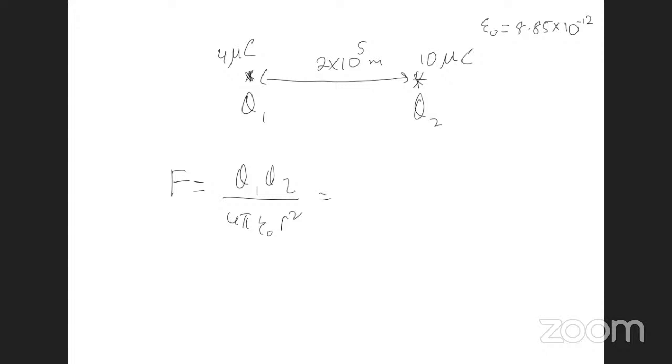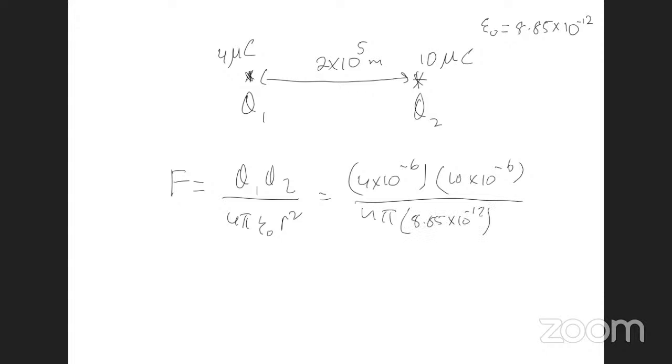Like you got 1 on 4 pi epsilon, there's nothing wrong with that. So you'll end up with 4 by 10 to the minus 6 by 10 to the minus 6 all over 4 pi by r squared. That'll be 2 by 10 to the 5 squared. What's that? 9 by 10 to the minus 12. Everybody okay with that? Yes.